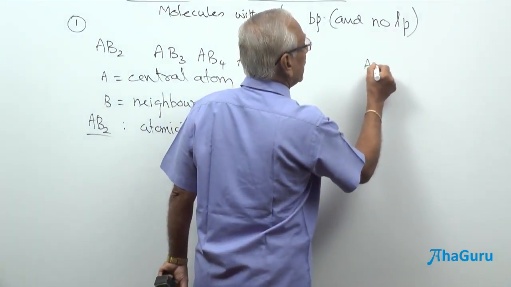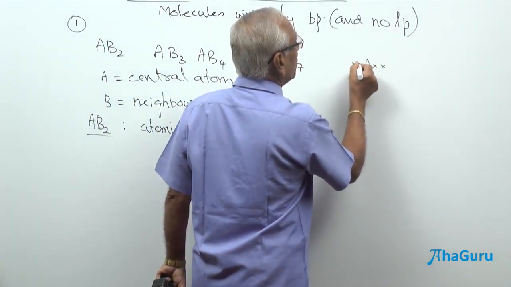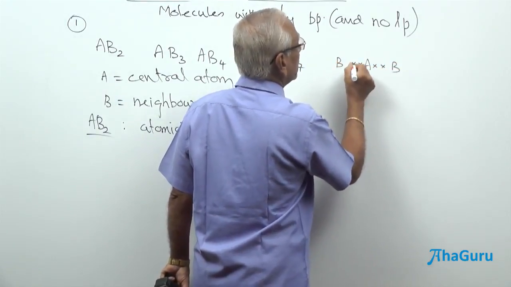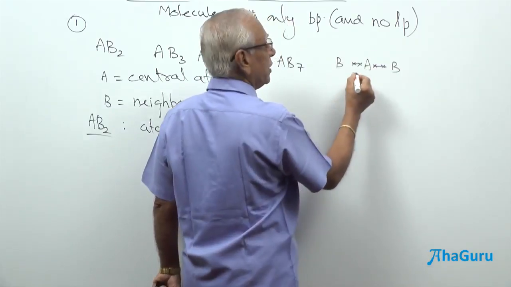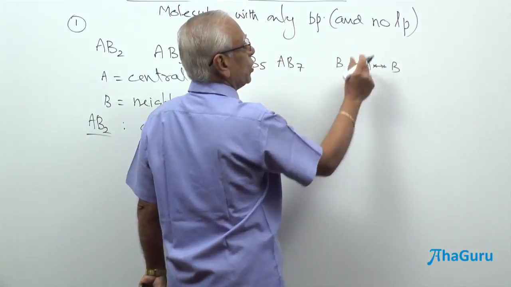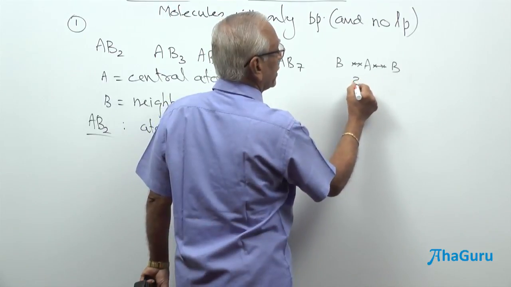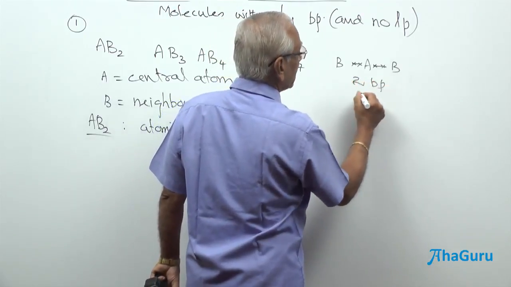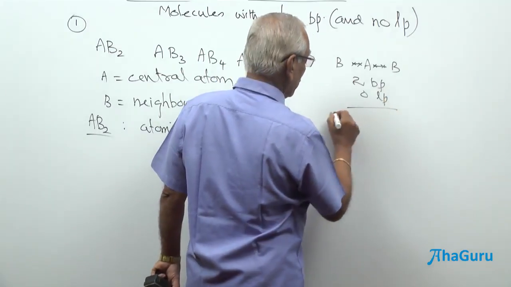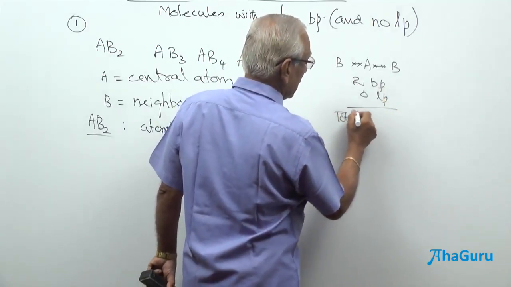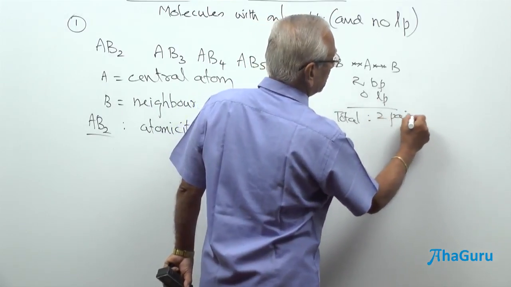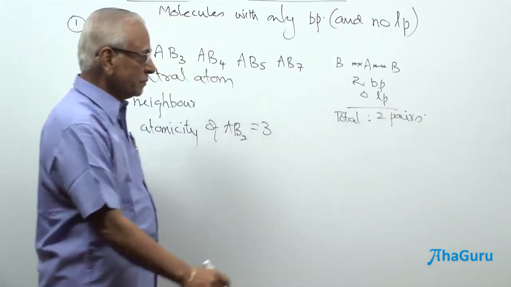Around A there are 2 pairs of electrons, and both of them are bond pairs. So, A has no lone pair. It has got 2 bond pairs and 0 lone pair. Therefore, totally there are 2 pairs of an electron.